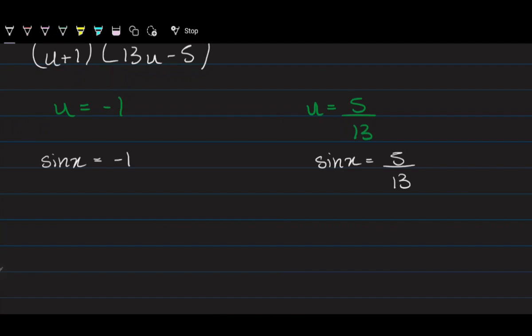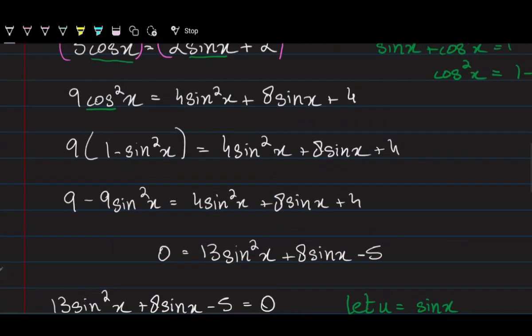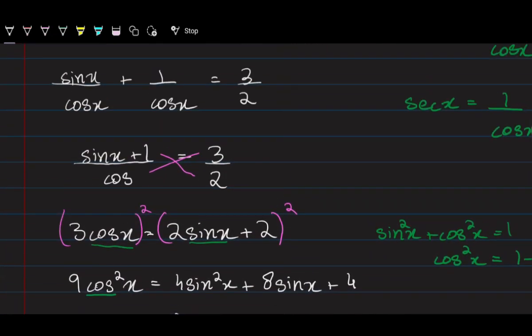Just kidding, that is not our final answer. Why? Let's see. Let's take the first example. Sine x is equal to negative 1. Let's go back up. Up, right over here. If sine x is equal to minus 1, so this becomes minus 1 plus 1 over cos x.